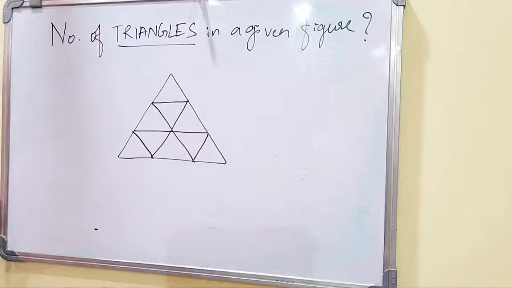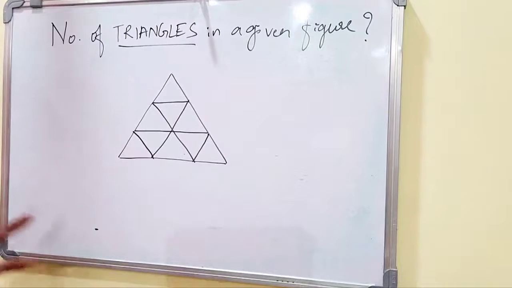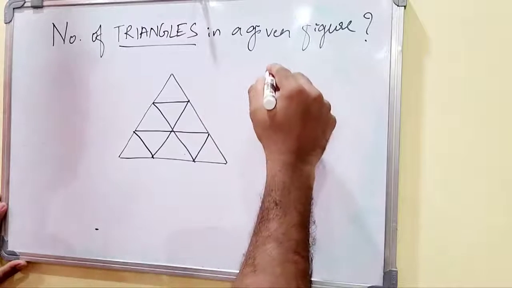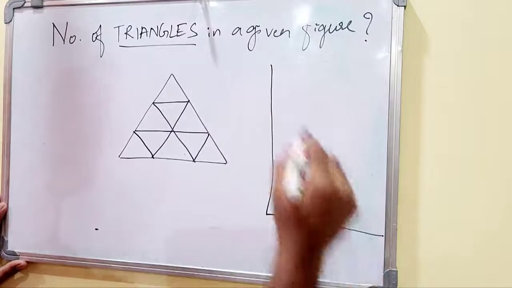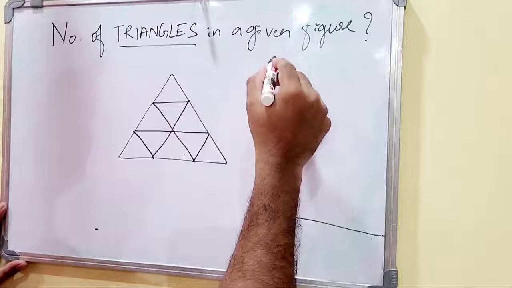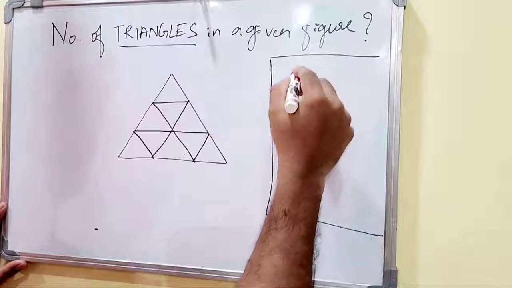So this is the figure, and this is a bit tricky. Here you need to memorize a few things. There is a table here. You have to memorize this table if this kind of question is asked.